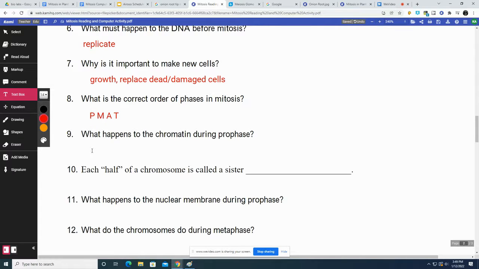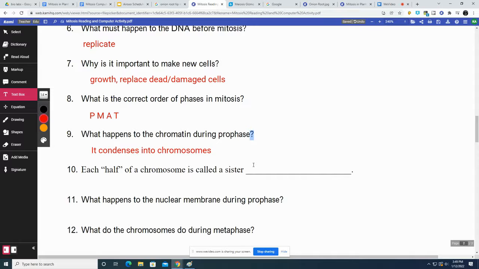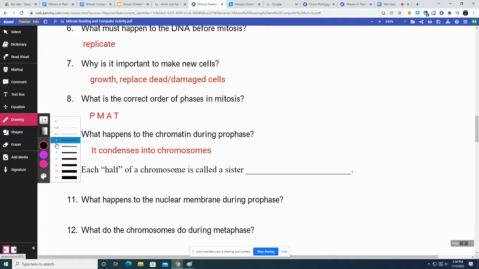What happens to chromatin during prophase? It condenses into chromosomes. So it kind of squeezes together, and the chromatin turns into chromosomes, and they become visible under the microscope. Each half of a chromosome, okay, so I'm going to draw it real quick. You do not have to do this drawing. But a chromosome looks kind of like this.